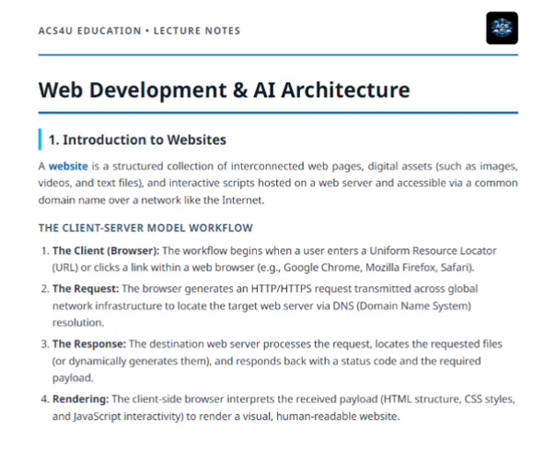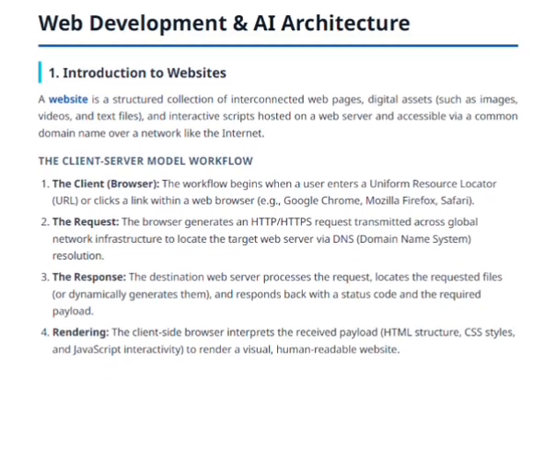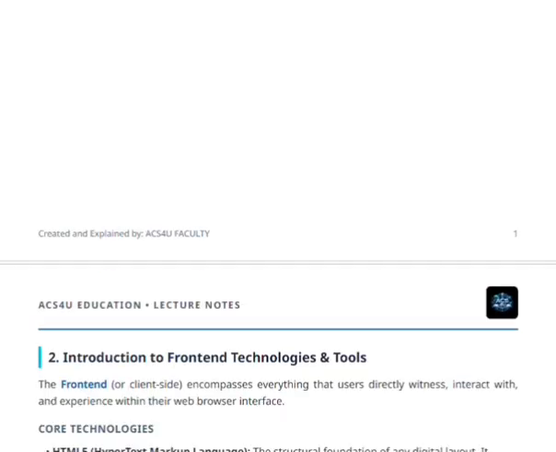The next one, the rendering. The client-side browser interprets the received payload, HTML structure, CSS styles and JavaScript interactively to render a visual, human readable website. See, this is all about the client server architecture.